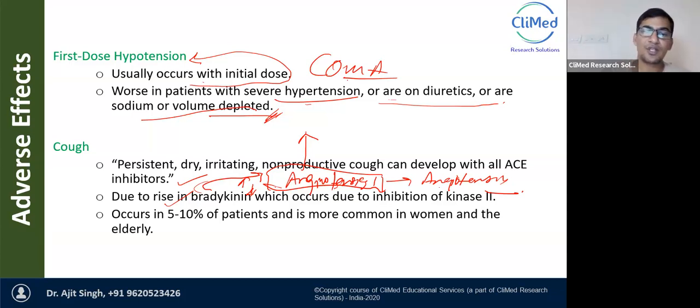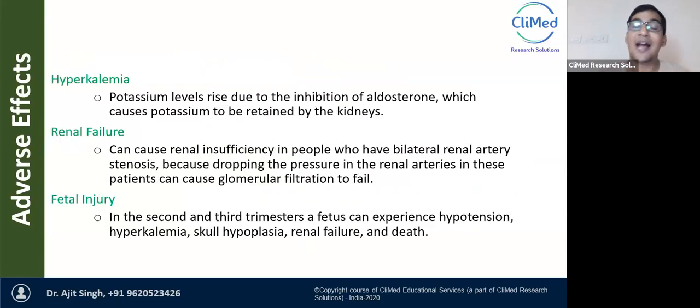Understand? So cough occurs in 10 to 15% of patients, and it is more common in women and elderly patients. Then hyperkalemia. Potassium levels rise due to inhibition of aldosterone, and it can increase the potassium levels. Then renal failure, very minor.